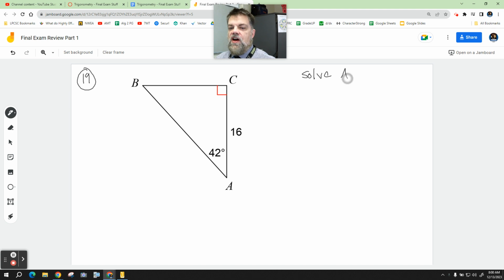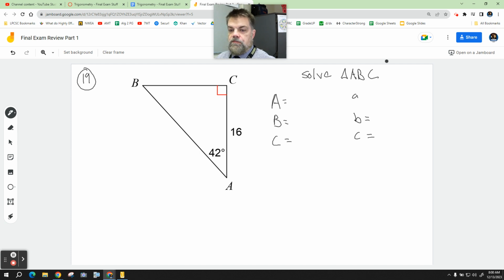So we're going to solve the triangle ABC. So remember that the capital letters represent the side lengths, and then the lowercase letters represent the angles. Now, your textbook said alpha, beta, and all that stuff, but we'll just say lowercase a, lowercase b, lowercase c.